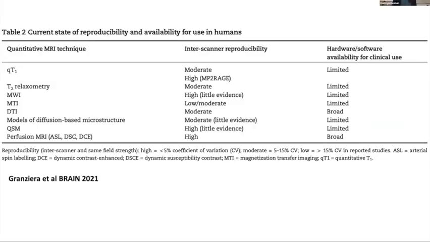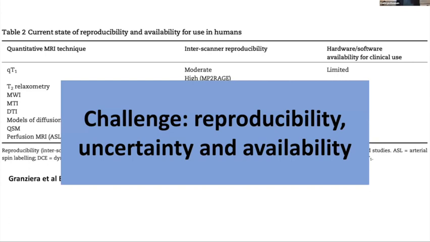They also looked at how reproducible and how available it is, which is an aspect we've been talking about today with the availability of the different MR scanners. I was really excited to see this work because it considered these two important aspects. We are at a place where reproducibility, uncertainty, and availability are preventing us from using these techniques on a regular basis.